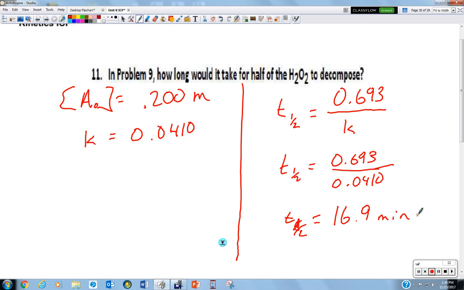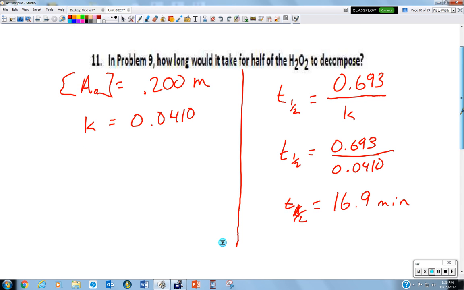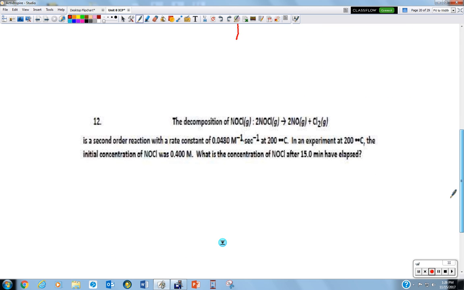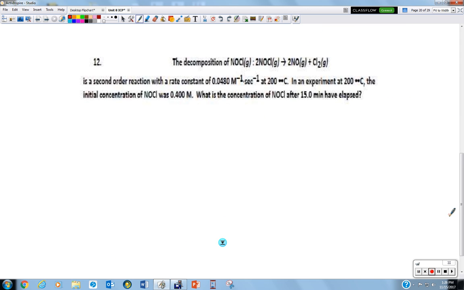All right, I'm going to skip 12. No, we're actually going to do 12. All right, so looking at number 12, know that number 12 is a second order reaction overall.